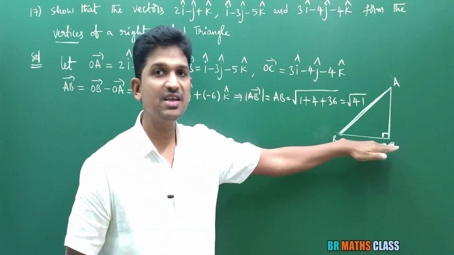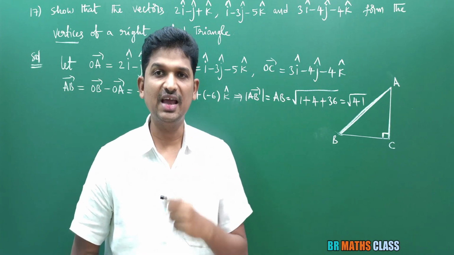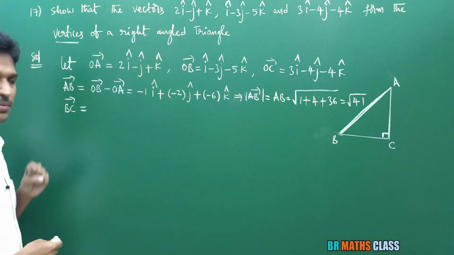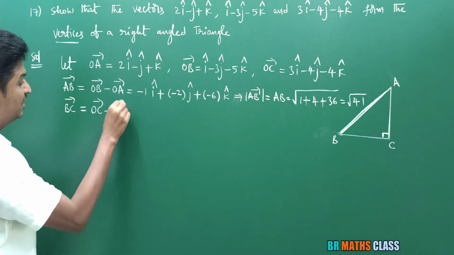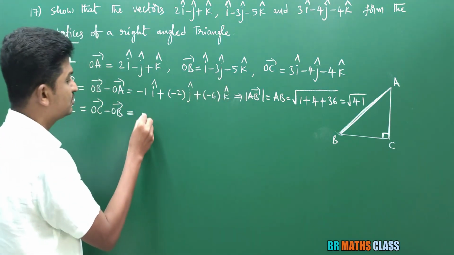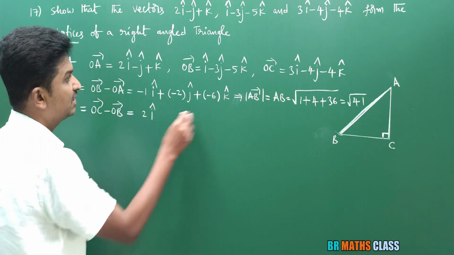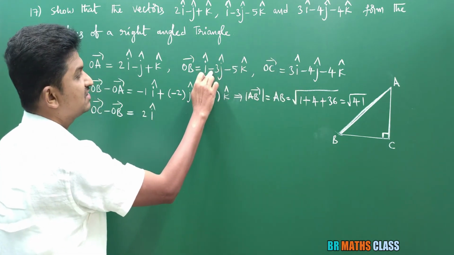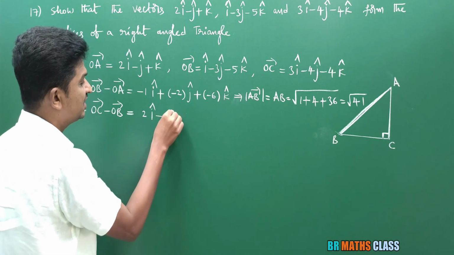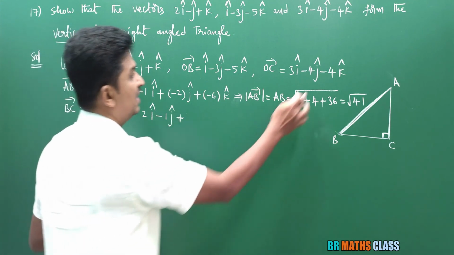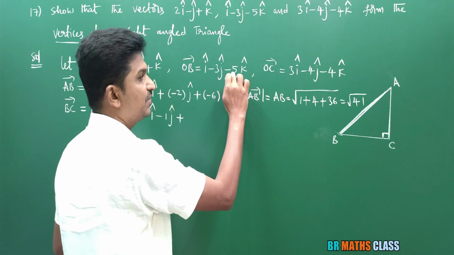Now I need BC. To get BC, first I will calculate BC bar. BC bar can be written as OC bar minus OB bar. 3 minus 1, that is 2 into I cap, minus 4 minus of minus 3, that is minus 4 plus 3, that is minus 1 into J cap, plus minus 4 minus of minus 5, that is plus 5.